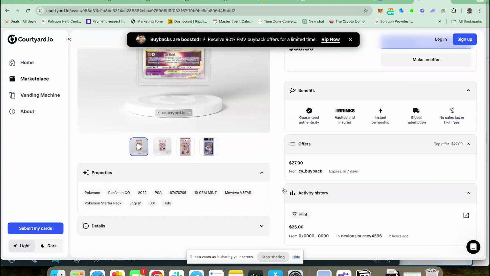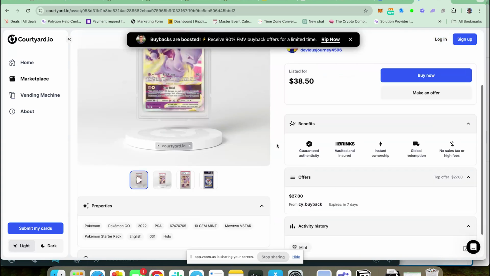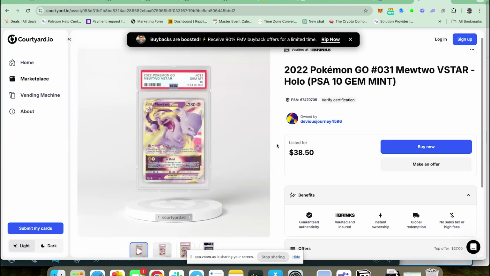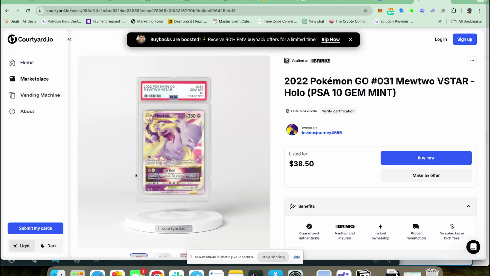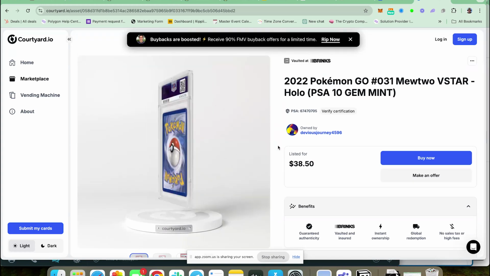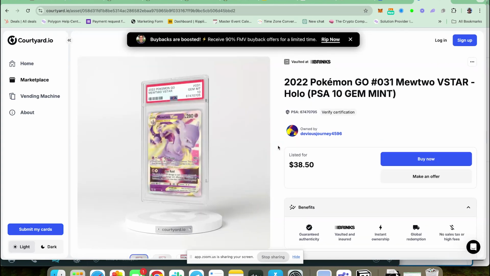And you also have all this traceability on the asset. You have full transparency on who has minted it, who has bought it, at which price. So basically you are not being screwed by any means, and of course it helps guarantee the full authenticity of it.